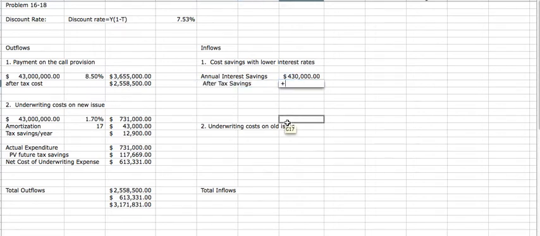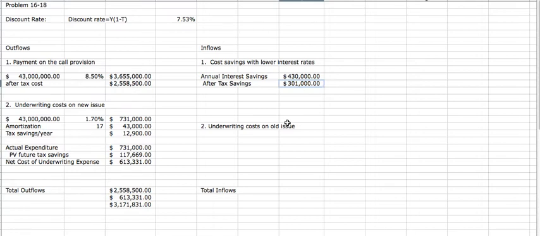And that will be this number times 1 minus the tax rate of 0.3, because we'll have tax savings associated with the write-off that we'll be losing on that savings in interest. So our after-tax savings are actually only $301,000 a year.